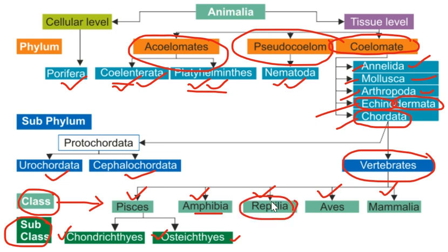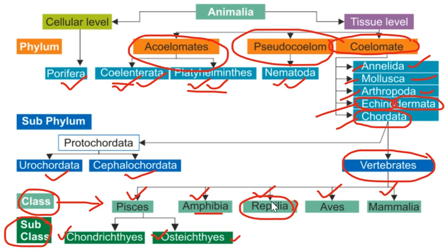Next, Reptilia. Reptilia are cold-blooded, terrestrial animals. Dry scaly skin is there, lungs for breathing, two pairs of limbs, three-chambered heart, with one exception, the crocodile.